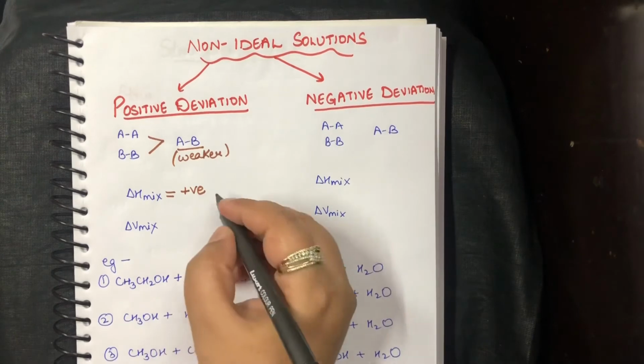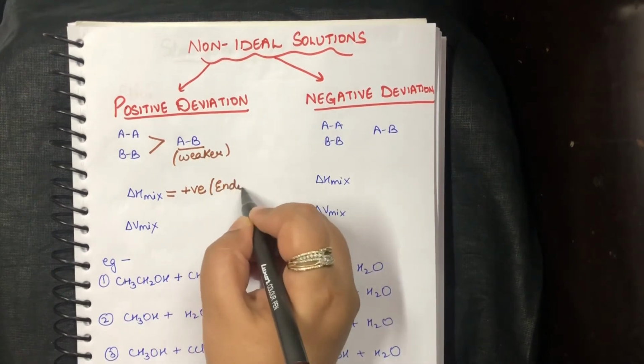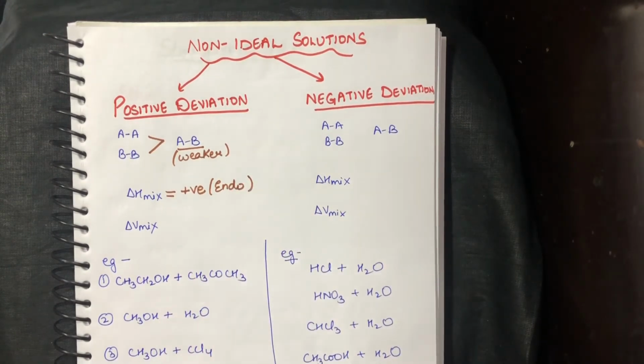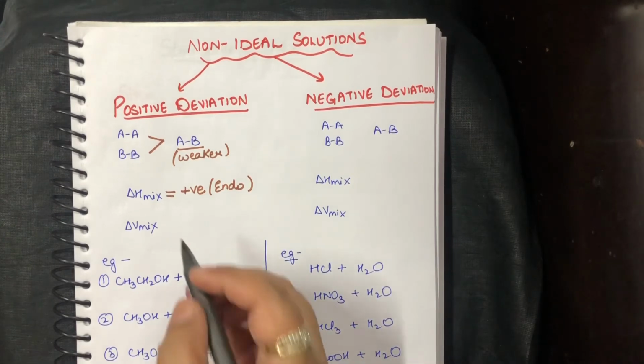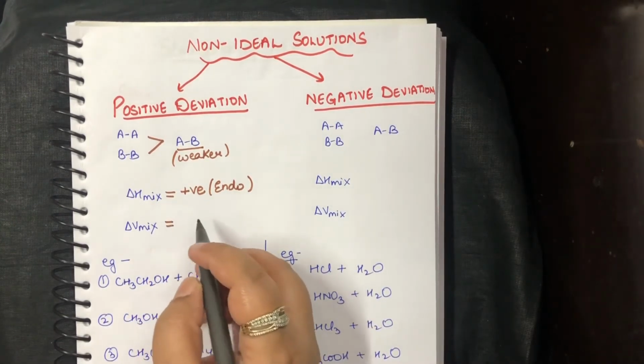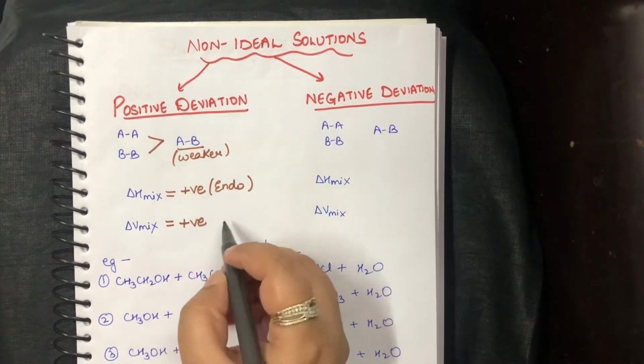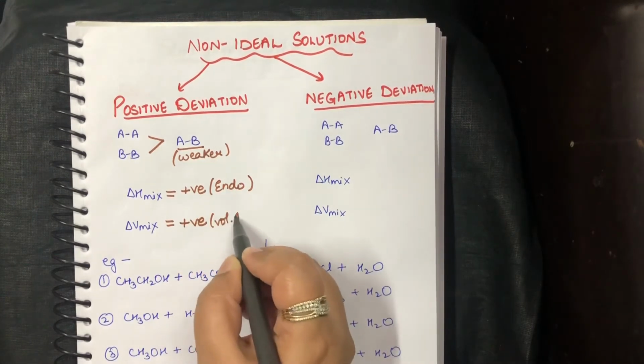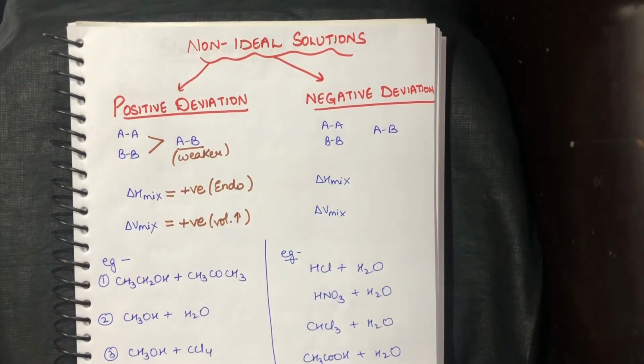So it is positive, or I can say it is endothermic, or that heat was absorbed during the formation of the solution. Similarly, delta V mixing is also positive, as the volume will increase because the stronger bonds have been broken.